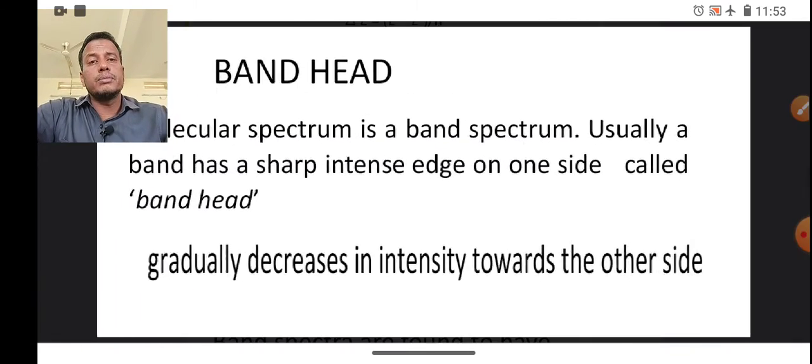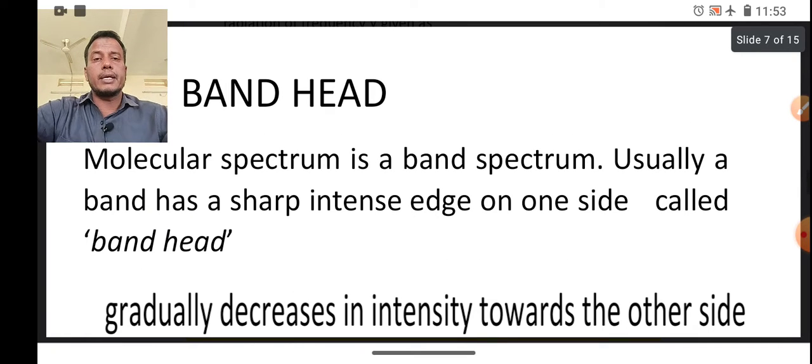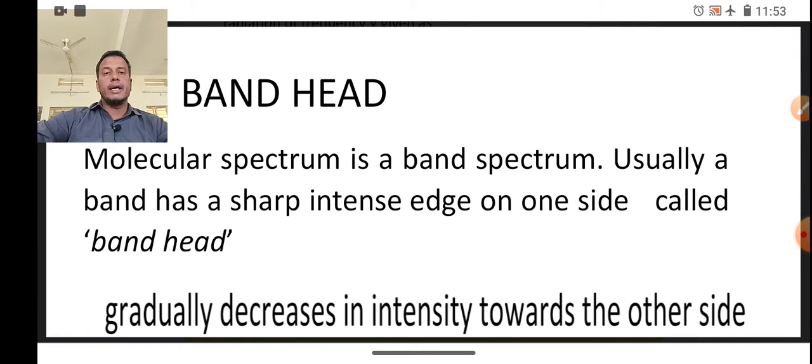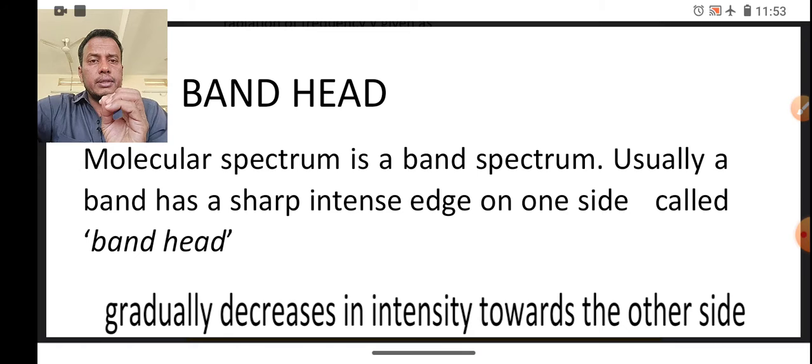Now some definitions about spectra, starting with the band head. A band head is a group of spectral lines. Some lines are very close together and appear like a band, while at the other end the lines are freely arranged, which is the tail.